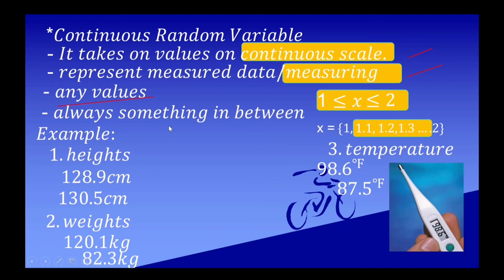So it takes on a continuous scale, represents measured data, and it takes any values, and there's something in between the specific values. So these are examples of continuous random variables, since all the values can take any value, or there's always something in between the specific values, and the values can be obtained by measuring.